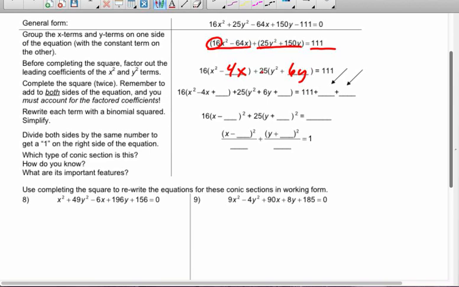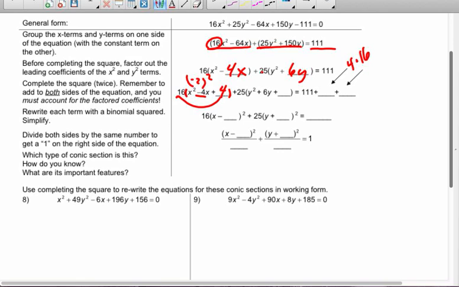Okay, so now we're ready to complete our square. So half of negative 4 is a negative 2. Squared gives me a plus 4. Now you notice this plus 4 is inside the parentheses. So what we have to do here is add in my 4 times the 16 that's out front, because that's really what I've added in.